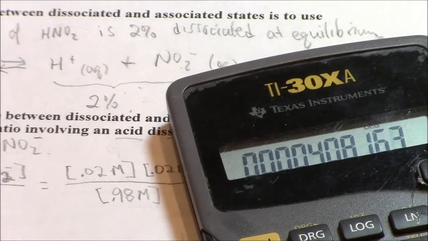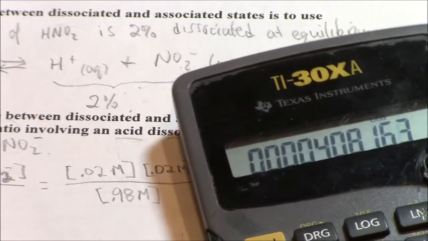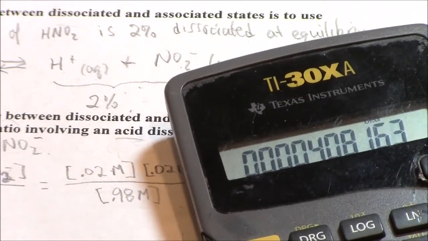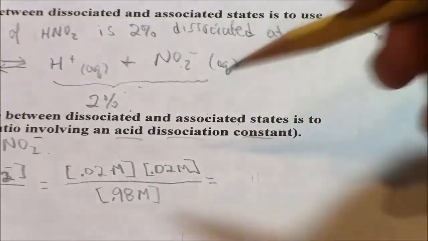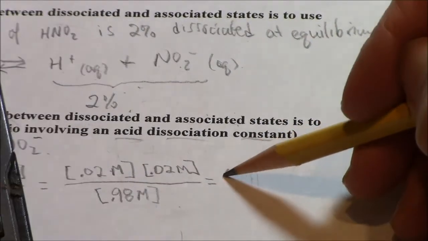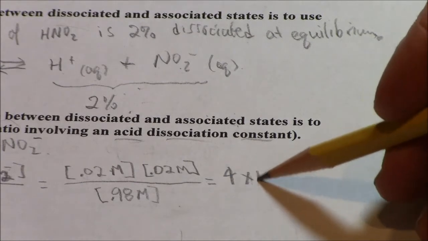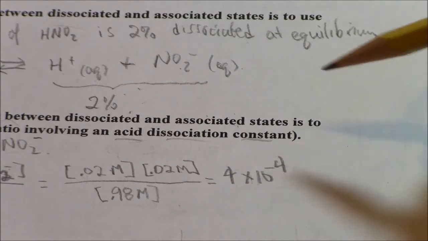And here's my answer. I'll express this in scientific notation, which is the way almost always Kas are expressed. It is 4 times 10 to the minus 4.